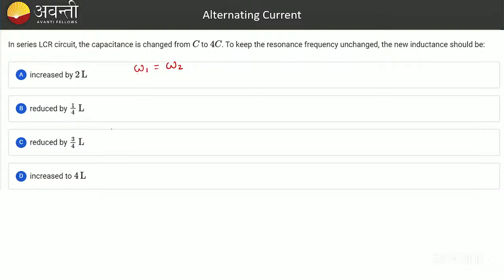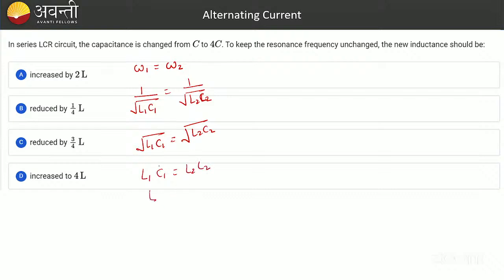So omega 1 is equal to omega 2. Now omega 1 के लिए 1 upon root L1 C1. Got it? Now if you will see, square root of L1 C1 is equal to square root of L2 C2. Squaring, L1 C1 is equal to L2 C2.